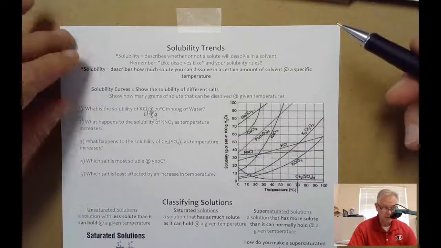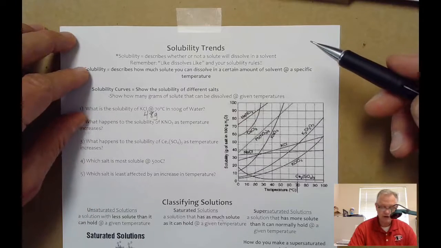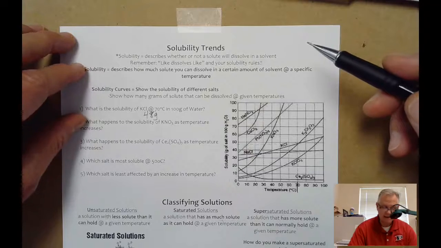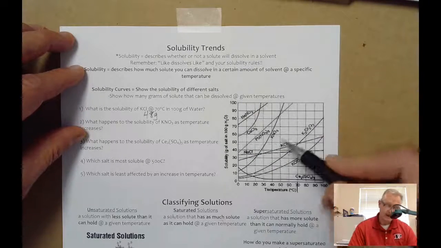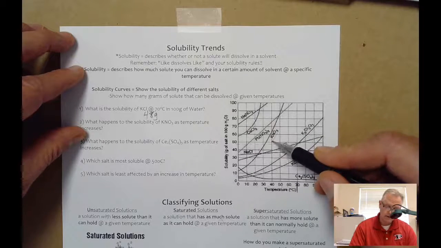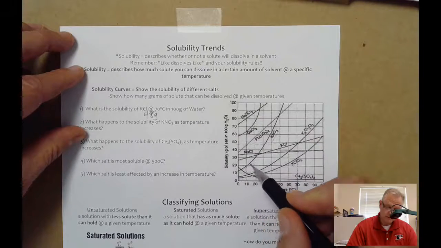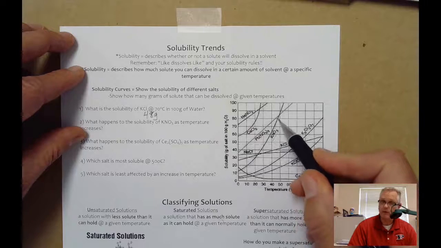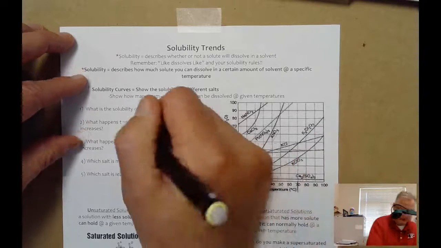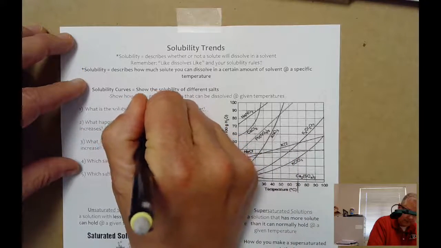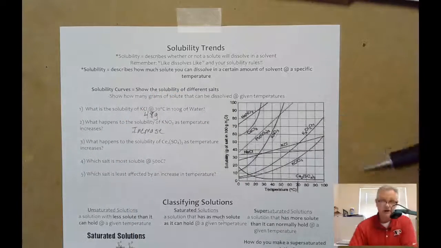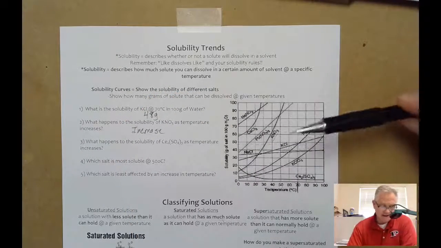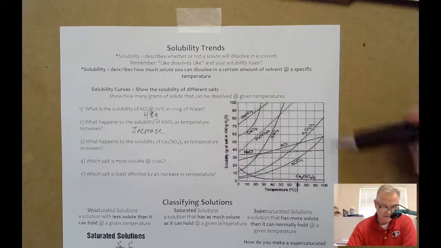All right, number 2 says, what happens to the solubility of the KNO3 as the temperature increases? I look at the KNO3 and I found it right here. You can see how steep it's going up. It definitely increases. What happens to the solubility of the Cs2SO4, the cesium sulfate?